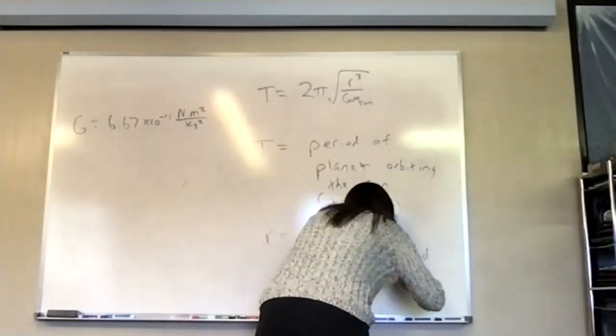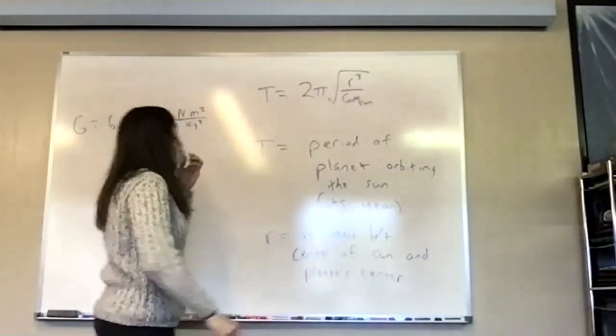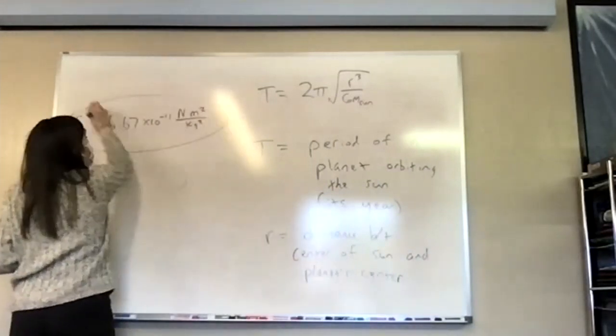And then divided by G, so that's just this right here.